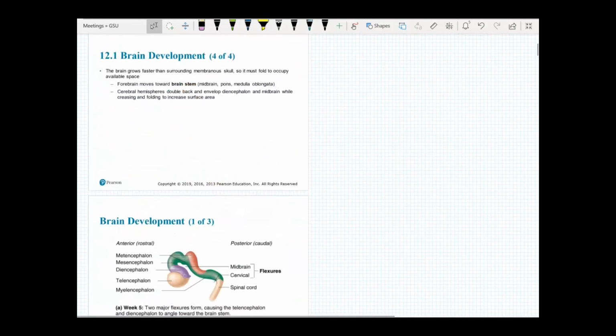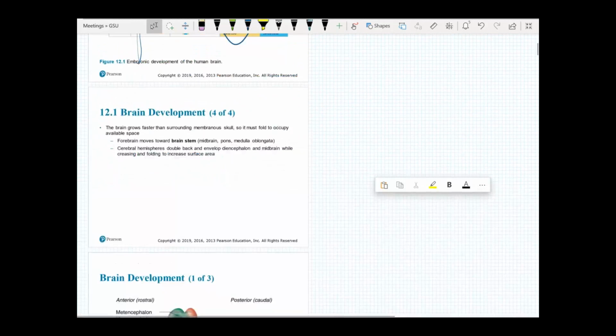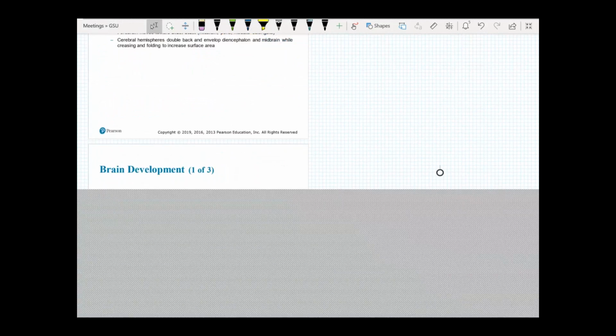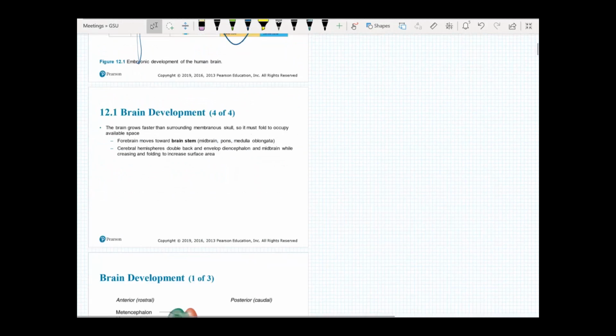Okay, so that's just what I drew for this brain development. The brain grows faster than the skull, so it must fold to occupy space. That is the important part. So it will actually fold inward.